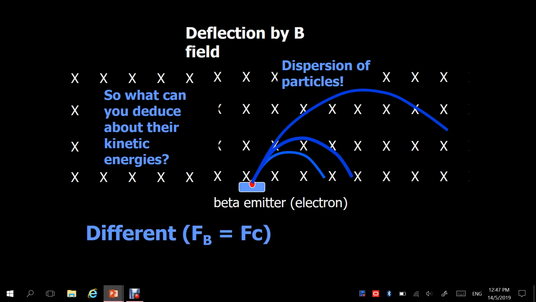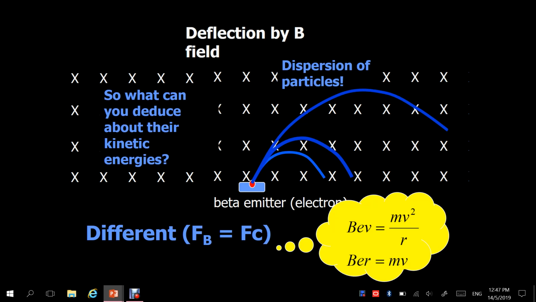Their kinetic energies are different because if I use the same concept, the magnetic force provides the centripetal force. I will have BQV, where B is the B field, Q is the charge of the electron, in this case I replace with E, and V is the velocity of the beta particle. This will equal the centripetal force, which is mv squared over r. So from here, I can see that BEr equals mv.